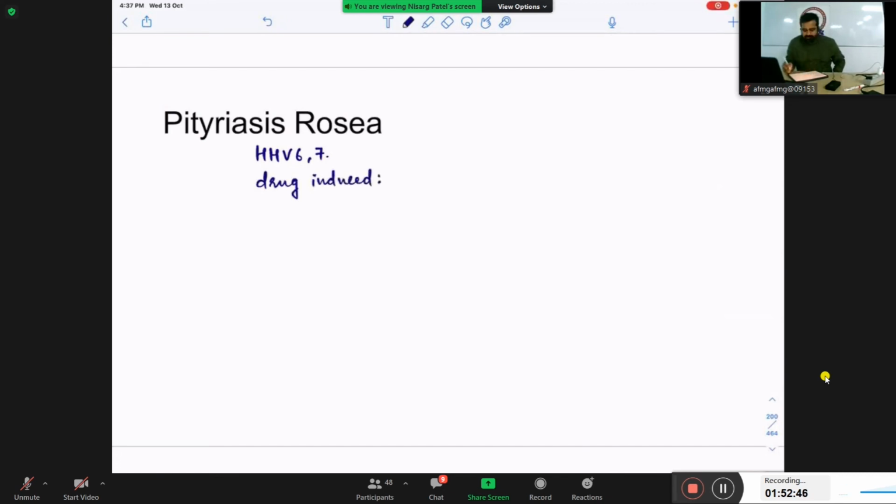The drugs which can cause it are captopril, imatinib, and interferon.